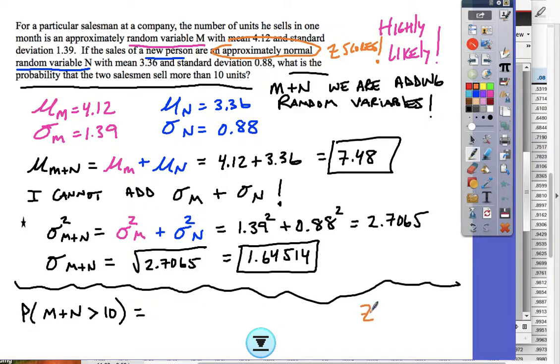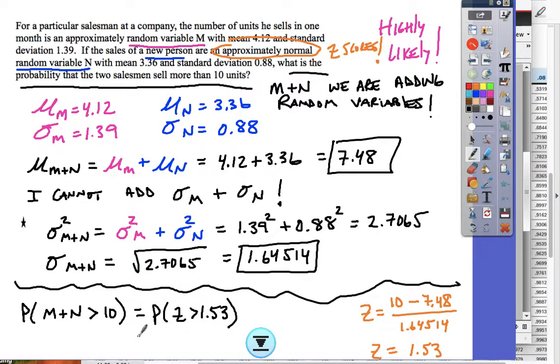Okay, so let's find the z-score for this scenario. 10 is the value we're trying to be more than, minus the mean of 7.48, divided by the standard deviation of 1.64514. And when I type that in my calculator, my z-score is going to be 1.53. So going back over here, this is the same thing as my z-score being more than 1.53.